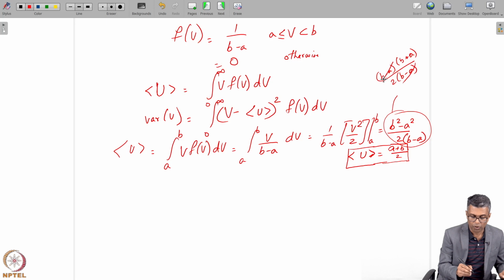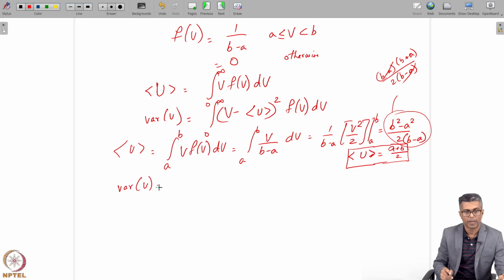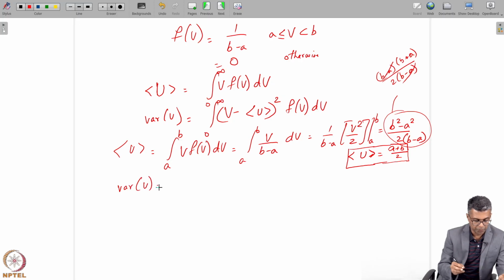Now, in order to find out the variance, here is what we do. Your variance of u is going to be equal to, again, the integral from a to b of (v − u mean) squared, isn't it? What is the u mean?